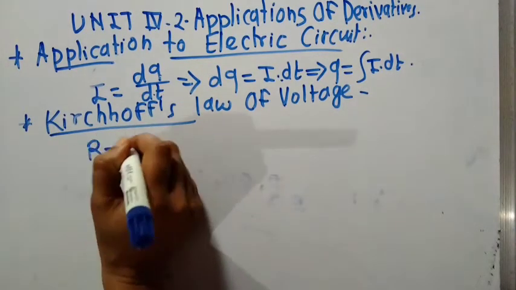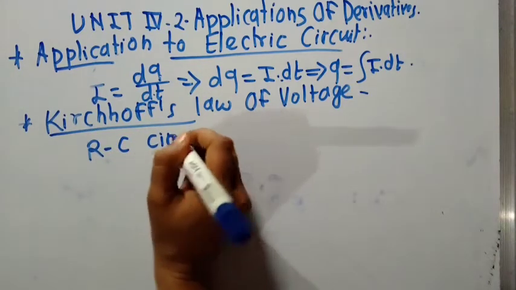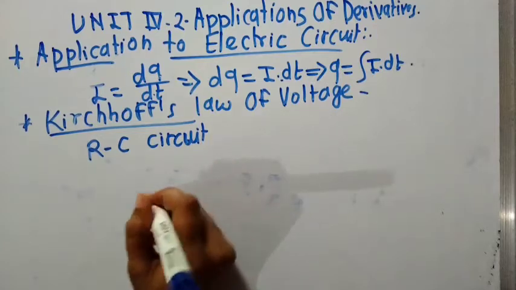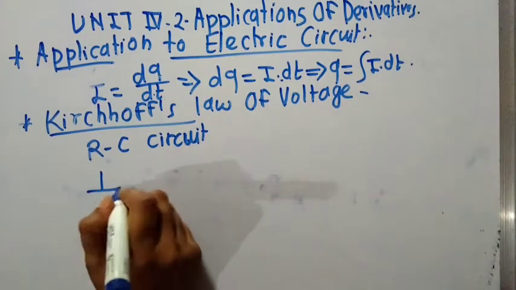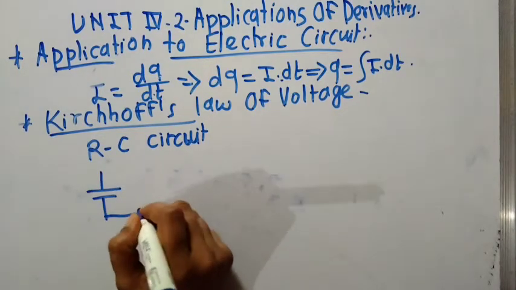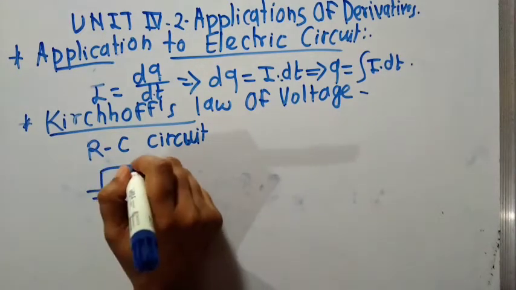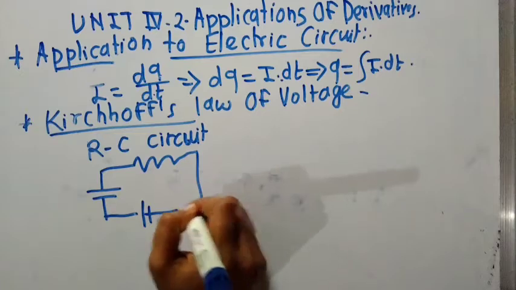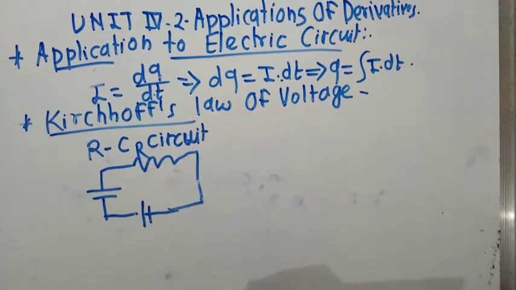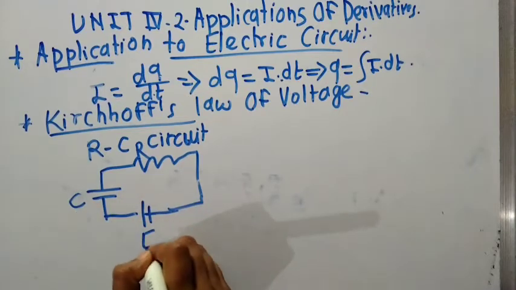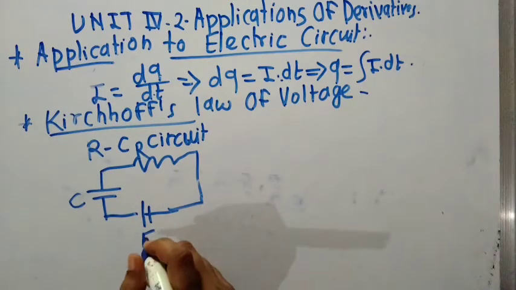Here is the RC circuit. It has the resistance R, the capacitor C, and the electric current.